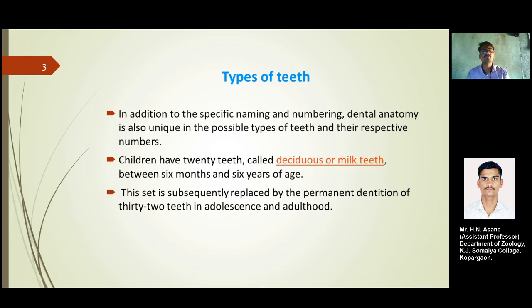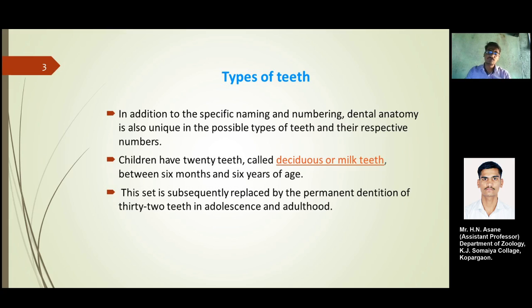After that the first milk teeth shed off at the age of 6 years, and the first permanent teeth arrive in the 6th year of life of that individual in humans. This set is subsequently replaced by the permanent dentation of 32 teeth in adolescence and adulthood.